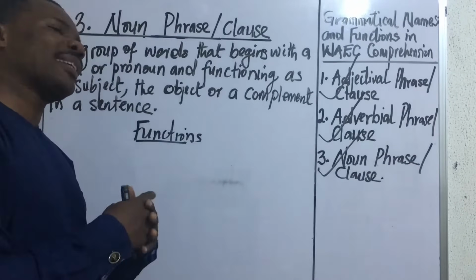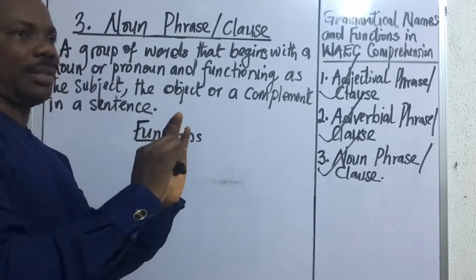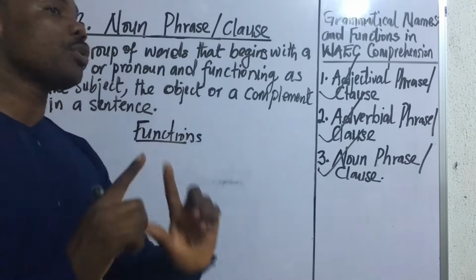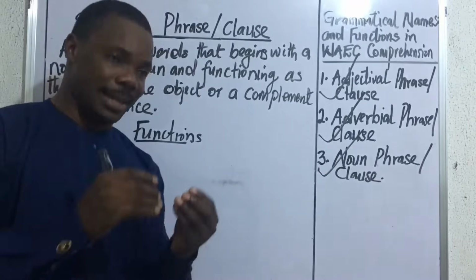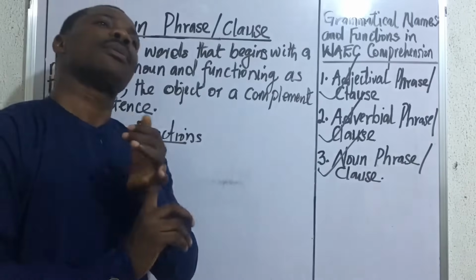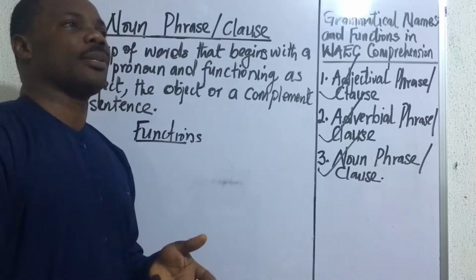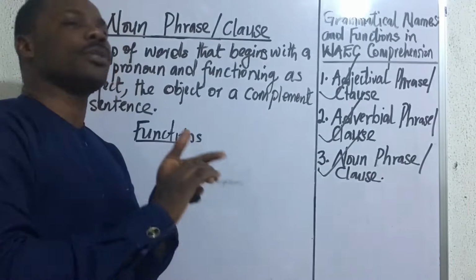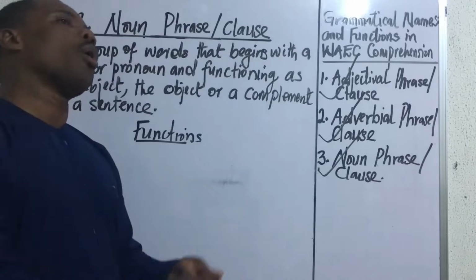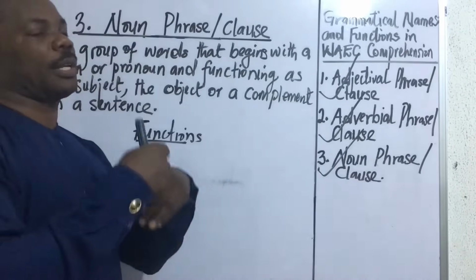And the function that a noun clause will perform in an expression will depend on the position that the noun is in that sentence. Based on the position that a noun occupies in a sentence, a noun phrase or noun clause can therefore serve as subject of a sentence, object of a sentence, complement of the subject, complement of the object, object of a preposition, and finally it can serve as what?